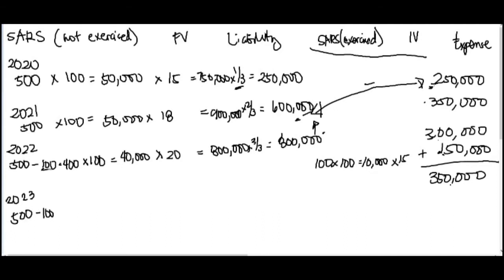Minus yung nag-exercise ng 2023 na 250 times 100. You have 150 na SARs, is equal to 15,000 times your fair value nasa table is equal to 315,000. Okay, dito ang connotation niya kasi tapos na yung 3 years vesting, hindi pa rin nila na-exercise. Buo na siya. Okay, times 3 over 3. Parang vest immediately na siya niyan.